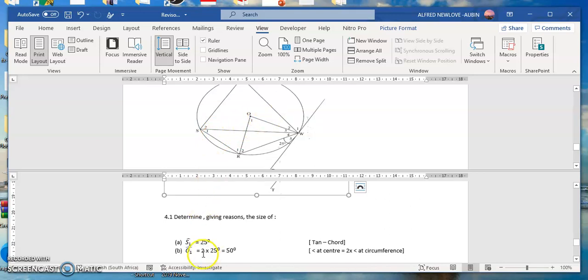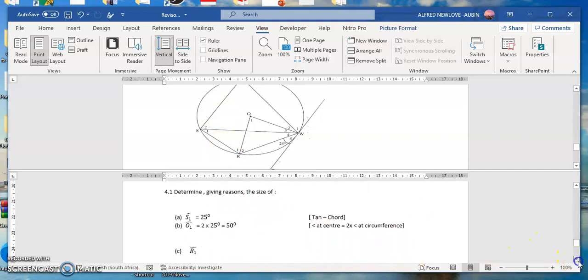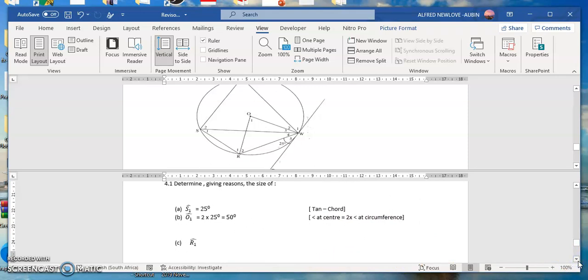O1 should be equal to 2 times the angle at the circumference, which is 25. It's going to give us 50. And the reason is angle at center is equal to 2 times angle at circumference.